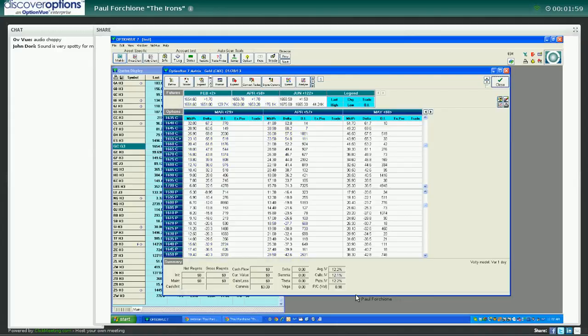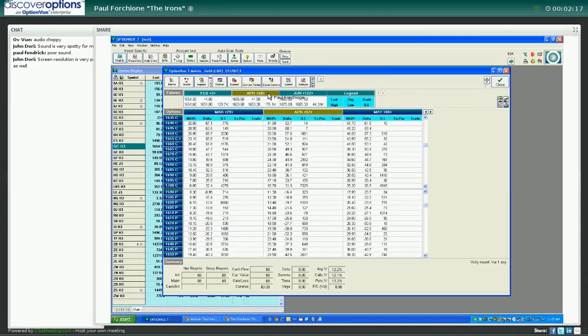The definition of an iron butterfly that would be neutral on the market would be the following. If we take a look at the March options available for trading with 29 days to expiration and the Aprils with 57 days, let's initially work with April options.